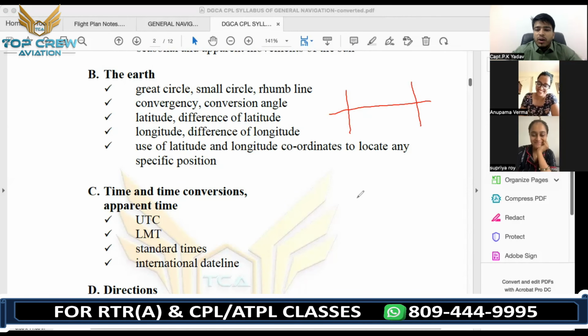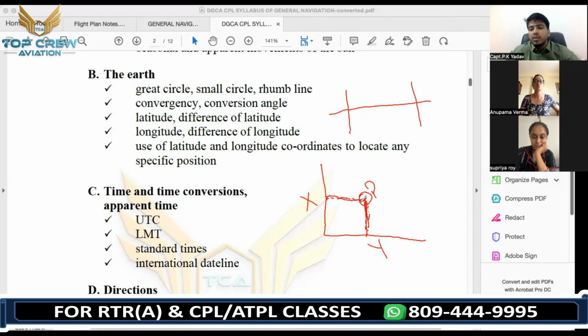So overall, we have studied during 10th or 12th, like this is your X or Y, there were two axes. So see, if we draw one point, this is your point P. And if we know the measurement from here to here and from here to here, then we can reach this point.